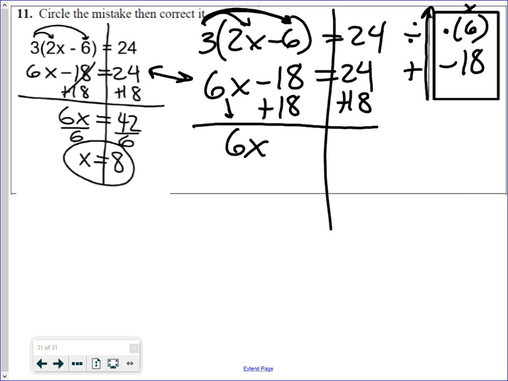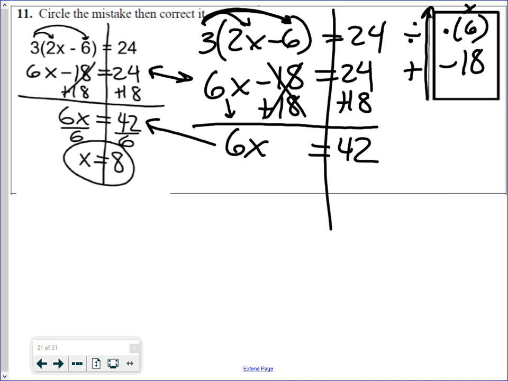It just comes down. Negative 18 plus 18 goes to 0, and it equals 42. Okay, let's compare it here. Yeah, still looks good. So no mistake yet, but it says there is a mistake, so we're guessing it's still here.